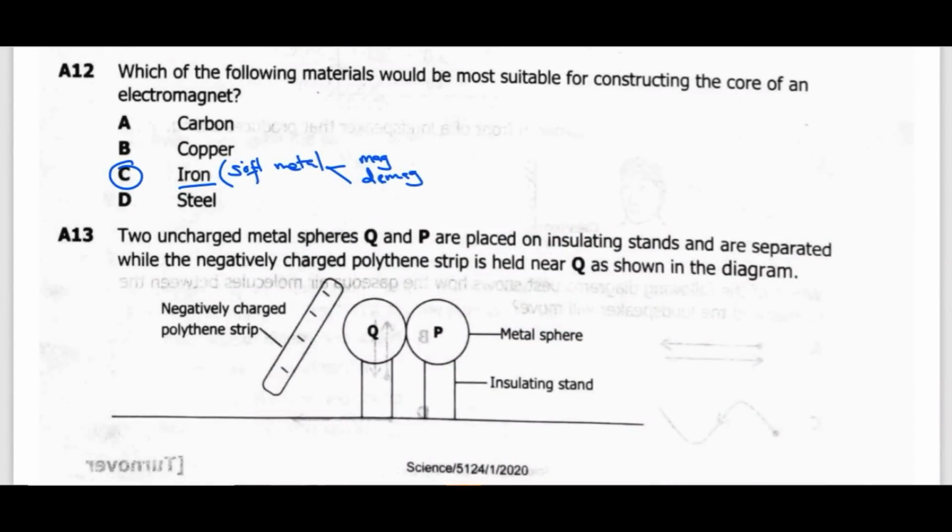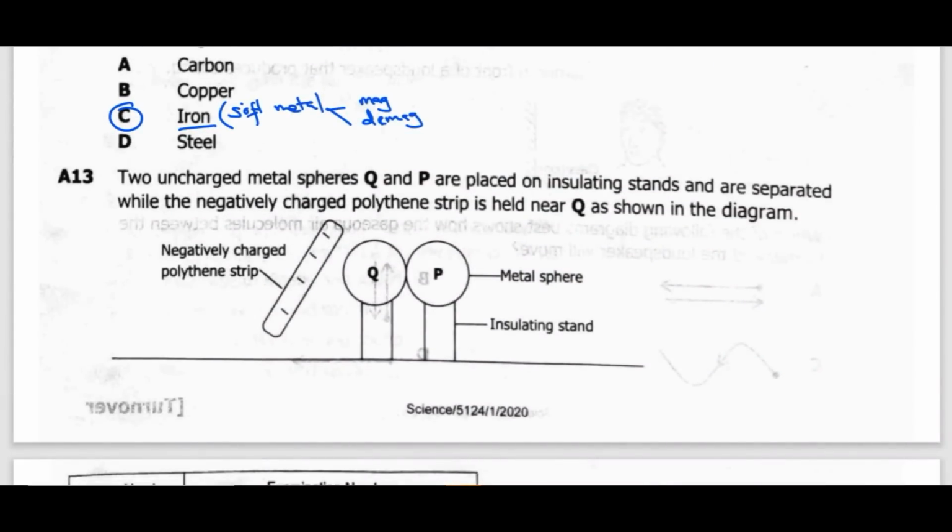Let us move. Two uncharged metal spheres, Q and P, are placed on insulating stands and are separated, while a negatively charged polythene strip is laid near Q as shown in the diagram.